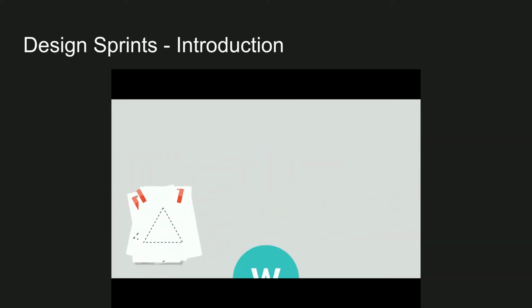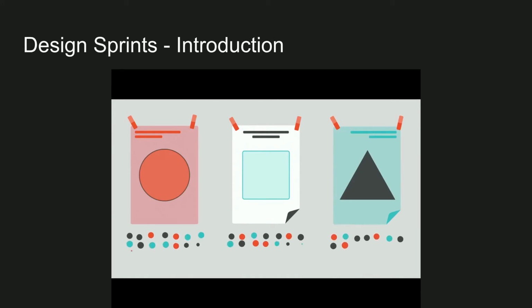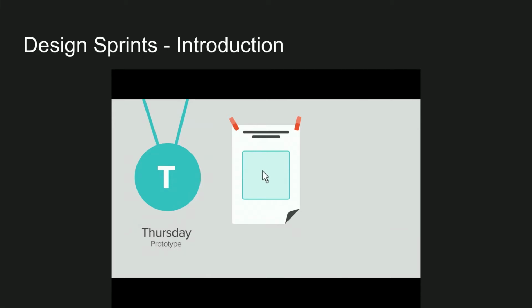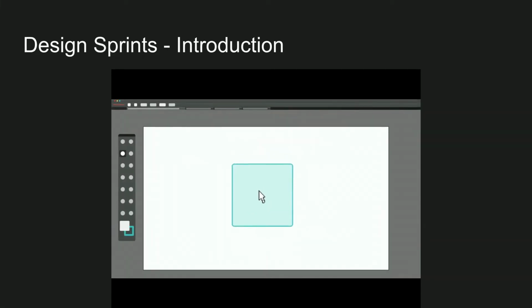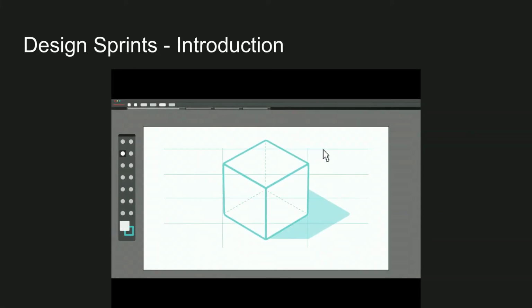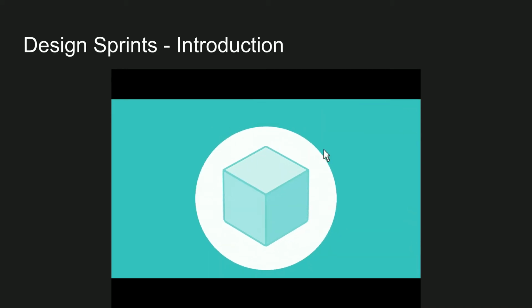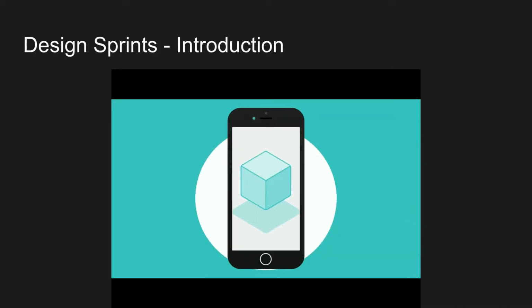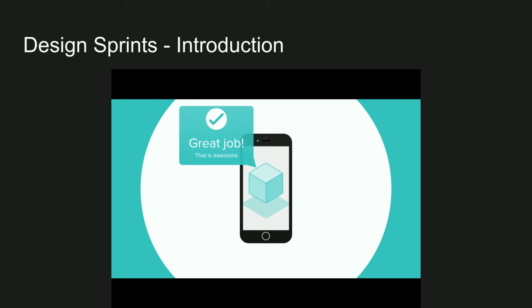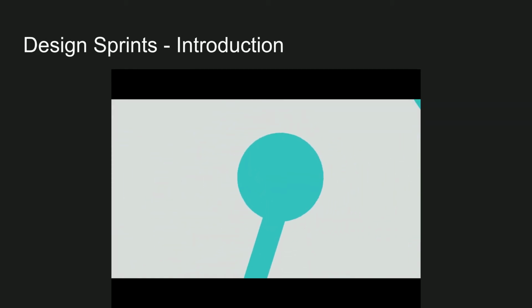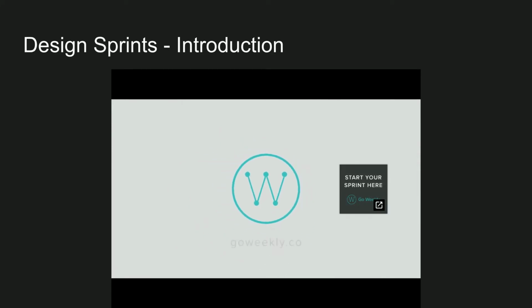On Wednesday, the team looks at all the solutions and decides on the best approach. Create a visual storyboard, and you're ready for Prototype Thursday. It's time to get productive and build your prototype. On the final day, you test your idea on real people to see if it has any value. If it does, high fives, you're on to something great. If it doesn't, well, you've learned something. And the cost is only 5 days. So stop wasting your time and compress the endless debate cycle into a single design sprint week.